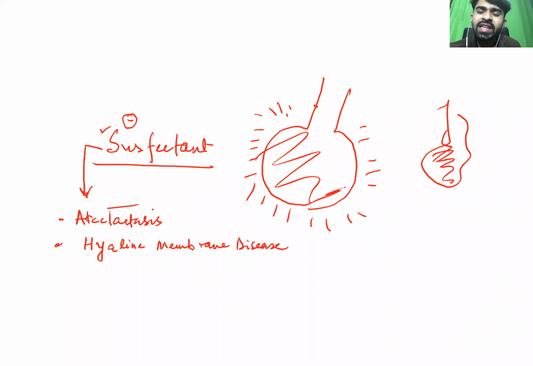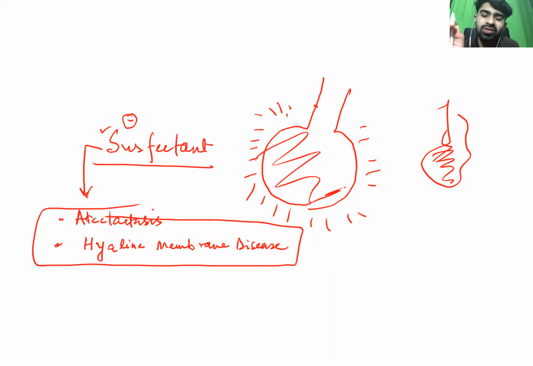Not that important. If you don't want to remember, not required, because it is not mentioned in NCERT. I found it in one of the earlier NEET exams, but it's not that important. Chalo, we move to the next one.